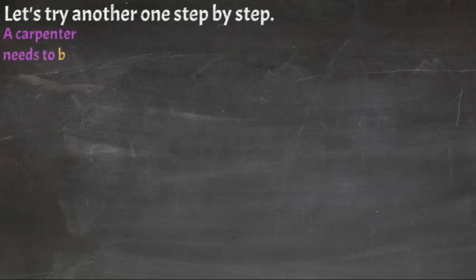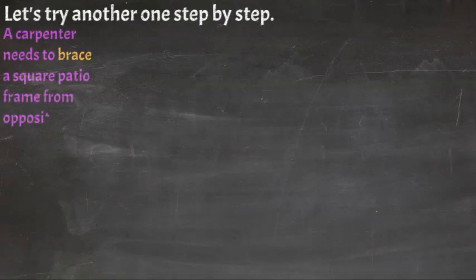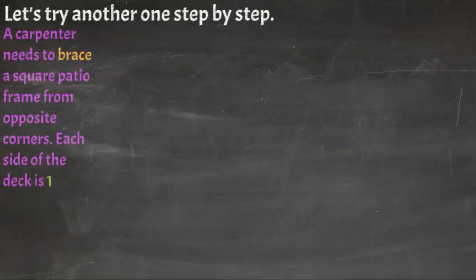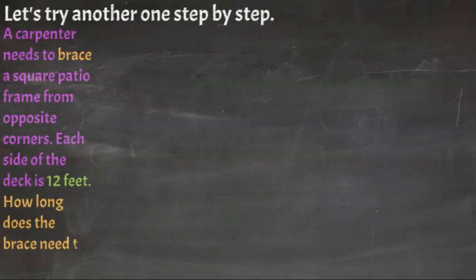Let's try another one step by step. A carpenter needs to brace a square patio frame from opposite corners. Each side of the deck is 12 feet. This one again is color coordinated.